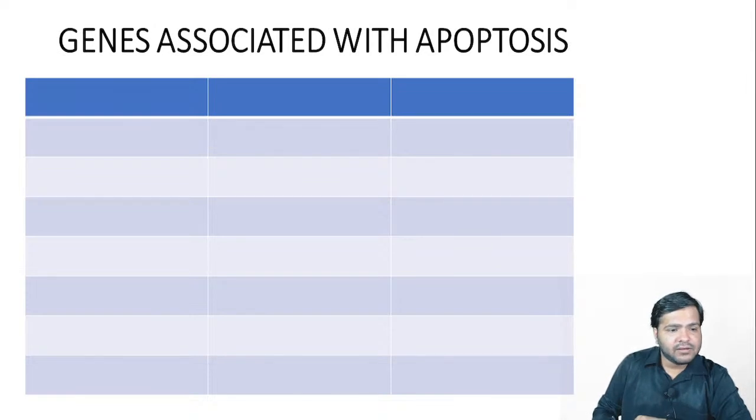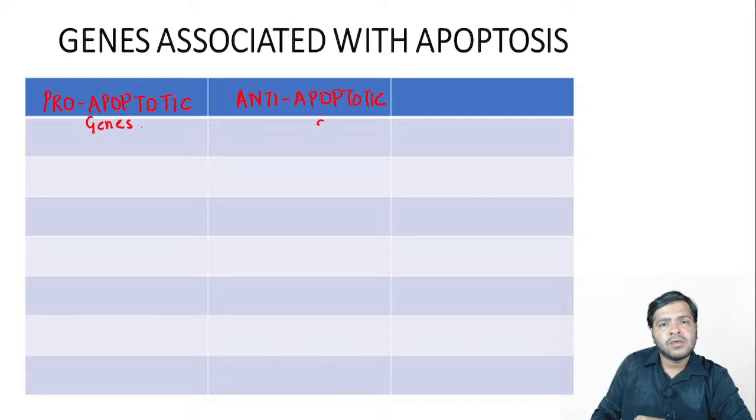The very first one, remember guys, is the pro-apoptotic genes. Then we have the anti-apoptotic genes. And the one which balances both is the sensors.